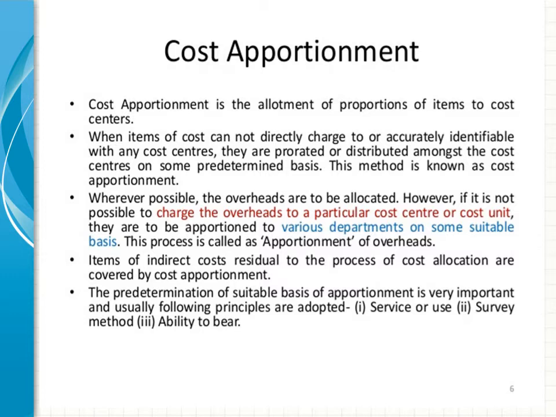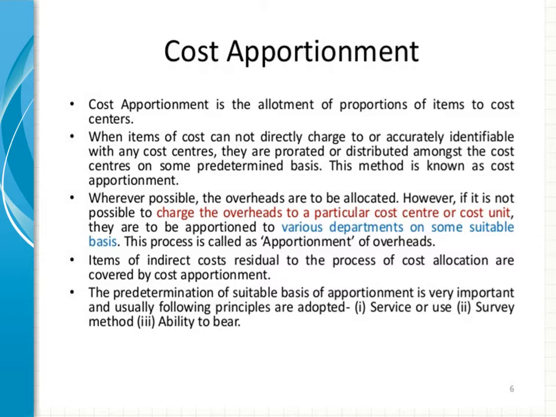So allocation is the allotment of total cost, and when it is said to be apportionment, the other part comes. Certain overheads cannot be directly charged to the department or the cost center. Such overheads are common to a number of centers or departments and do not originate from any specific department. The distribution of such overheads to the various departments is known as apportionment. This is the allotment of proportions of items to the cost center or the cost unit.